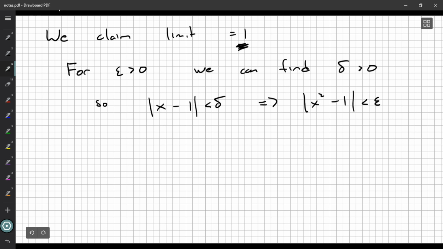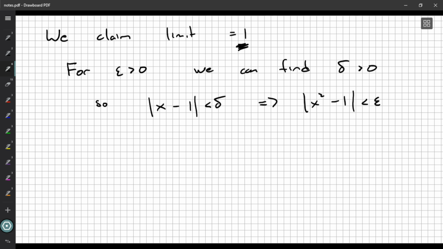At least this is what we claim. Maybe we can't do this and we find that 1 isn't the limit. It will be, but that's something that you should occasionally worry about. Is there an actual formal proof to back up the things that I'm claiming?